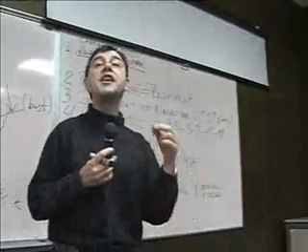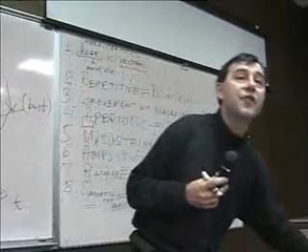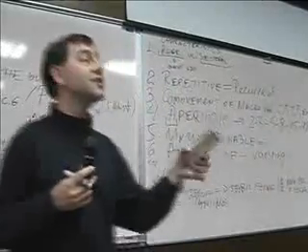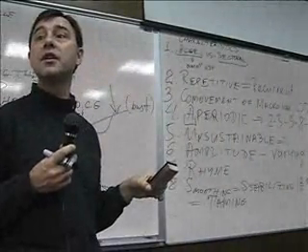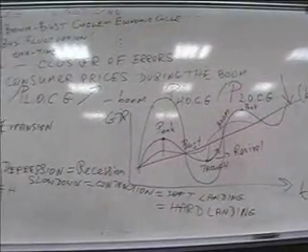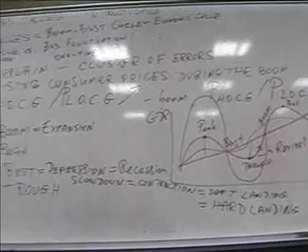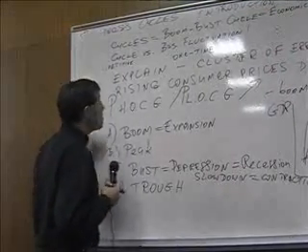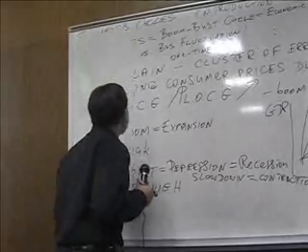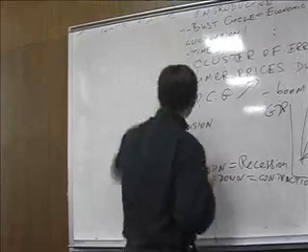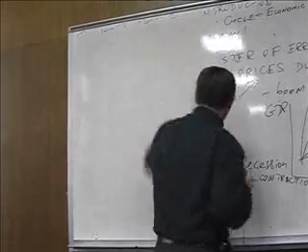So, a leading variable is a variable that peaks before the business cycle itself peaks, and correspondingly it troughs before the business cycle troughs. Let me draw a picture for you so that you can actually see this as an illustration.